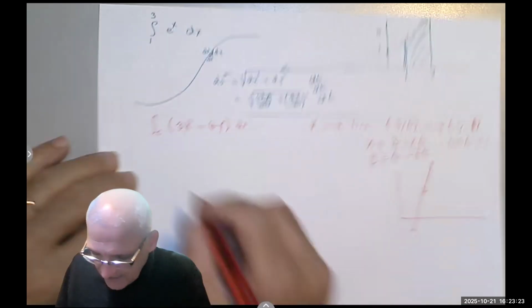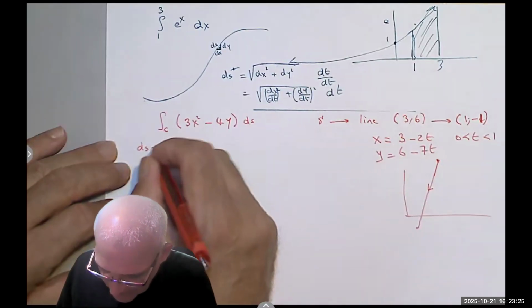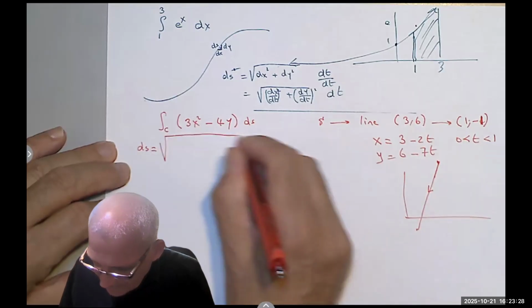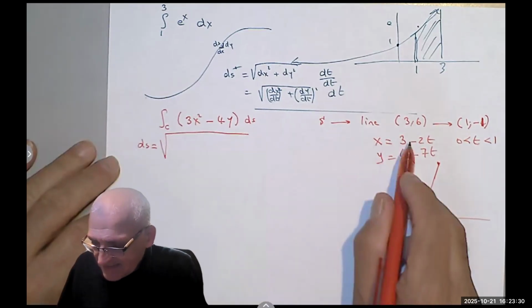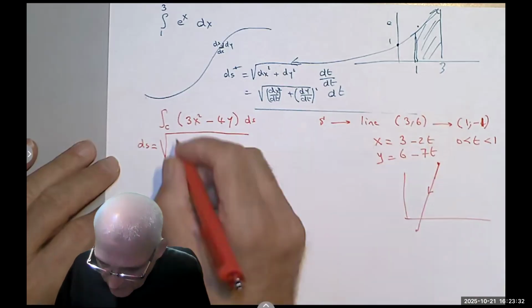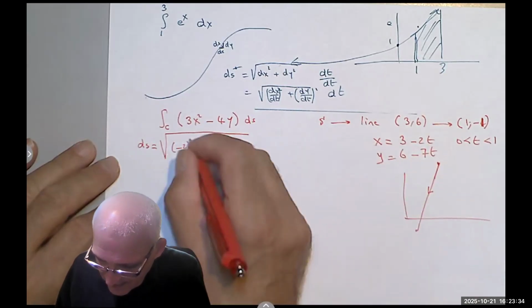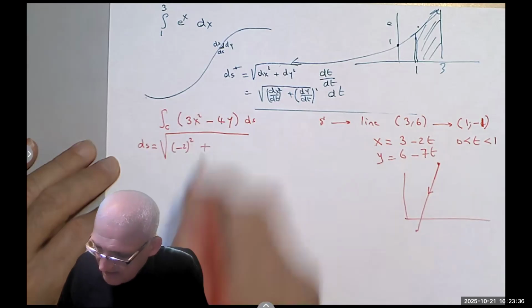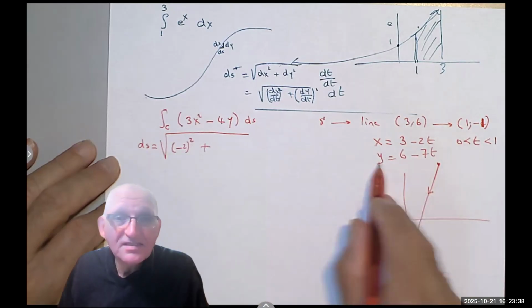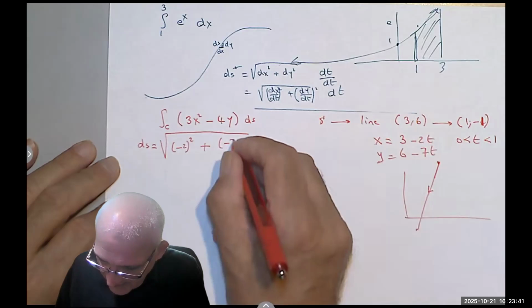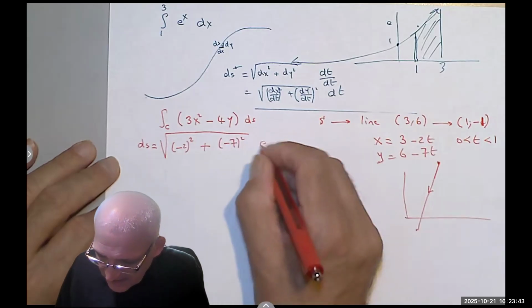So as we said, in order to find ds, we have to take the square root of (dx/dt, which is -2, and we square it) plus (dy/dt, which is -7, and we square it) dt.